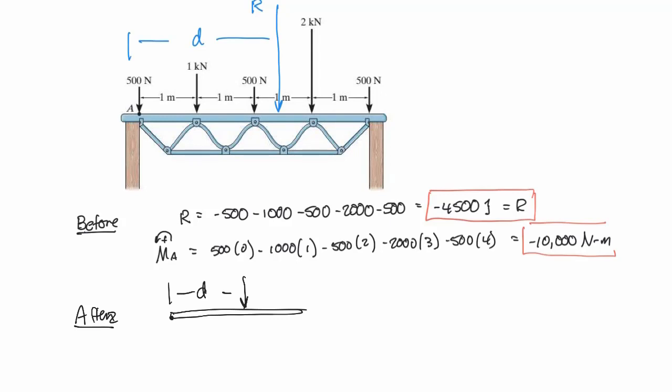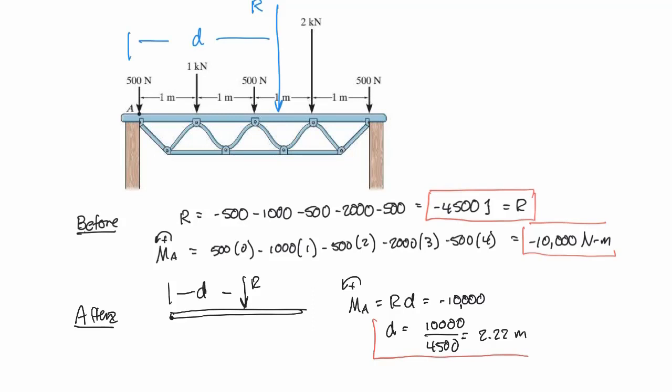So all I have to do is say that the moment about A after is also going to be equal to the resultant times the distance. I know the magnitude of that moment is equal to negative 10,000. I know the magnitude of the resultant, so the distance is going to be equal to 10,000 divided by 4,500, and I can find that distance is equal to 2.22 meters.